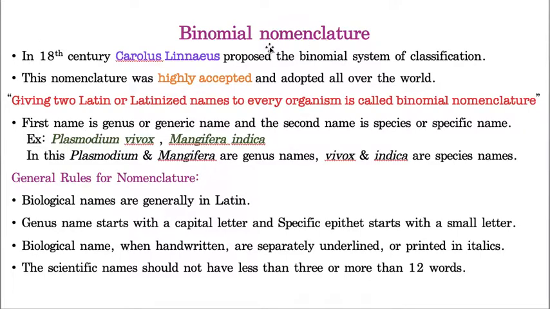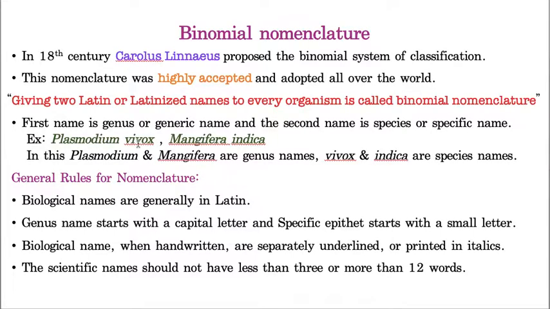Now, what exactly is binomial nomenclature? If you want to understand, we will take at least one or two examples, then you will clearly understand. I have taken two examples here. Plasmodium vivax. Hope you know, students, what Plasmodium vivax is. It is a malarial parasite. There is one mosquito called the female Anopheles mosquito. When this female Anopheles mosquito bites us, the Plasmodium vivax, which lives in its salivary glands, enters into the blood of our body.